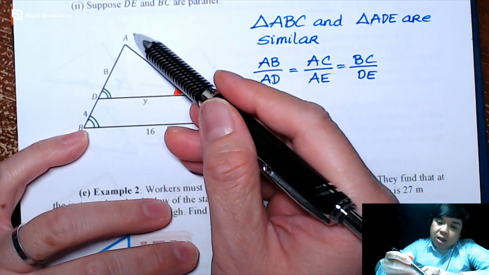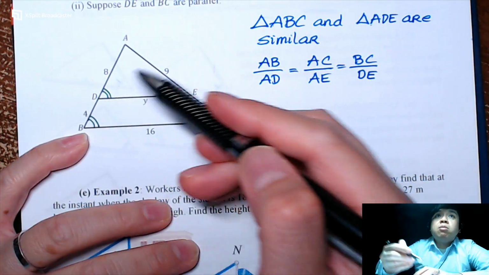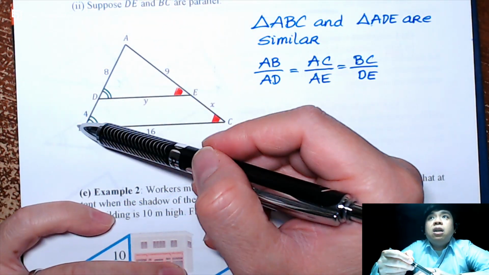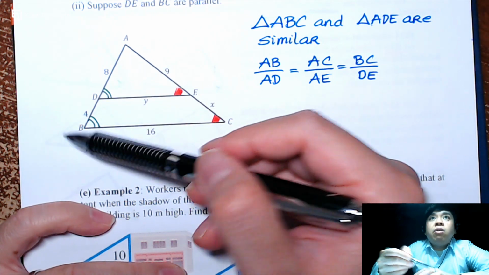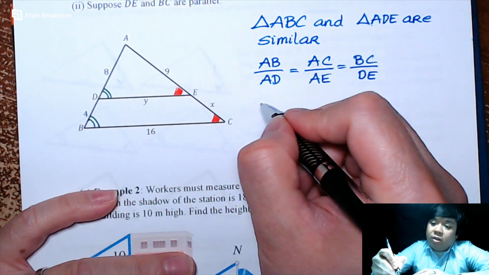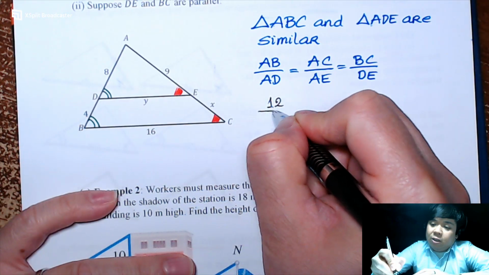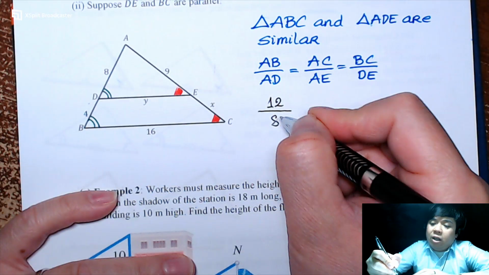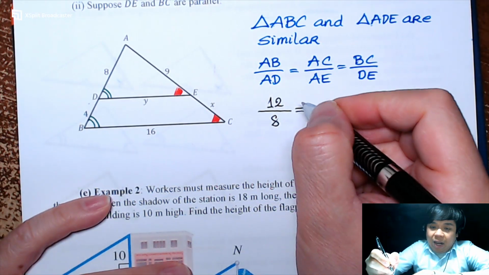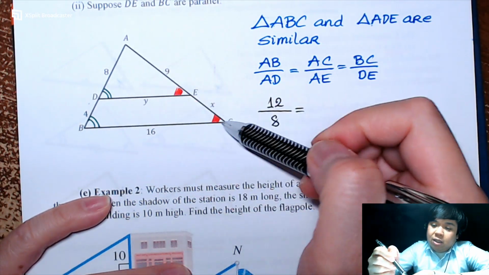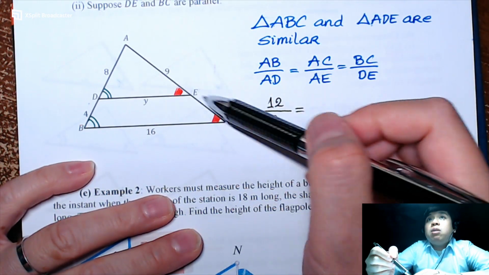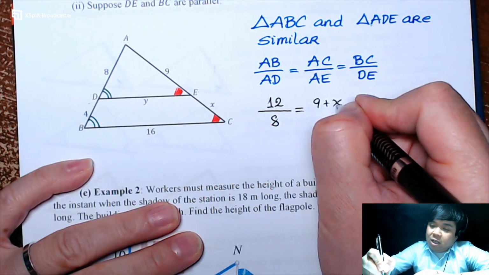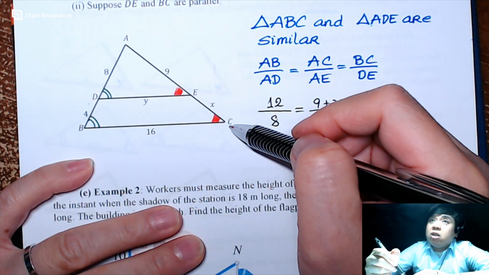AB is 8 plus 4, so 12. AD is 8. AC is 9 plus x.